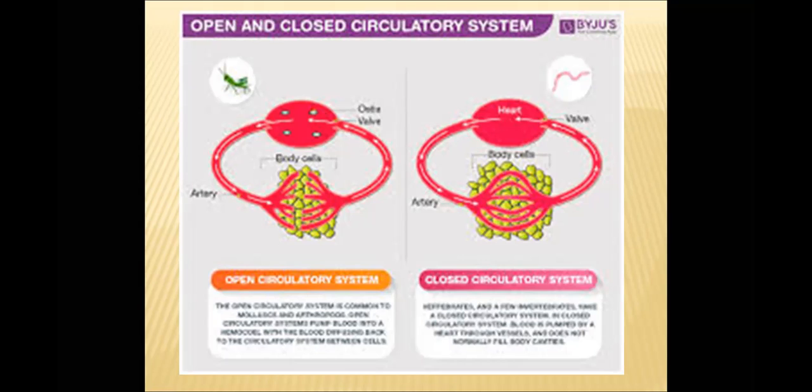So here we should not call the fluid of these animals blood. Why? Because we know that in organisms having a closed circulatory system, blood will always be circulating inside the blood circulatory system only. Blood will never come out of this system. And outside the tissues, we have tissue fluid or extracellular fluid.